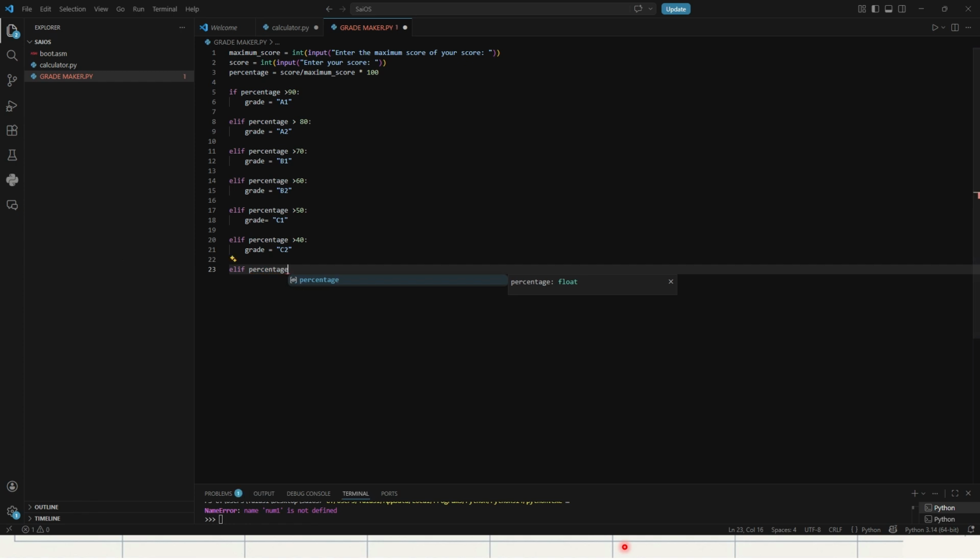I'm elifing the percentage greater than 30. If it is greater than 30, then it can print the grade as D. Okay.